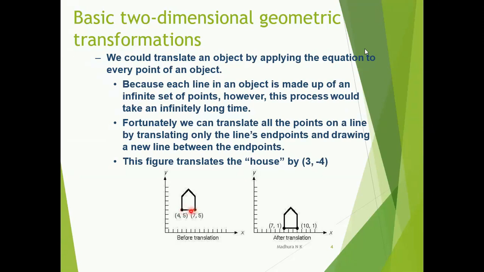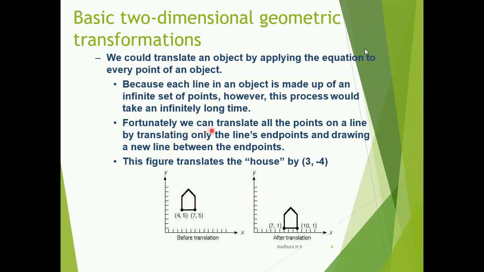That equation can be applied to each of the points on the polygon, but that would be a long process to calculate all these values. Instead, we have an easier way to translate any object in OpenGL or in your graphics system. You just have to move the endpoints of the particular polygon, since any object consists of endpoints.